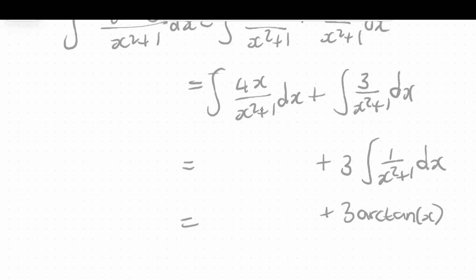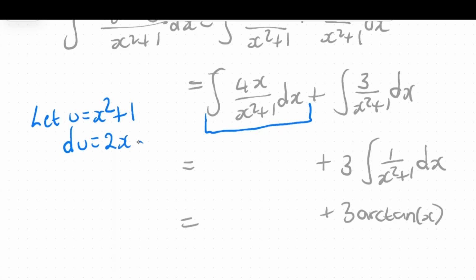But over here, interestingly enough, we can say let u equal x squared plus 1, so the whole denominator, so that du is equal to 2x dx. And if we make dx the subject of the formula, we would get dx is equal to du divided by 2x.